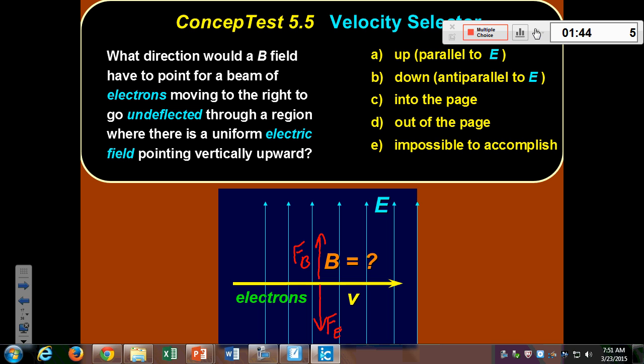Okay, so now I want to know, for this beam of electrons traveling through a magnetic field, what is the magnetic field that will give me this magnetic force?